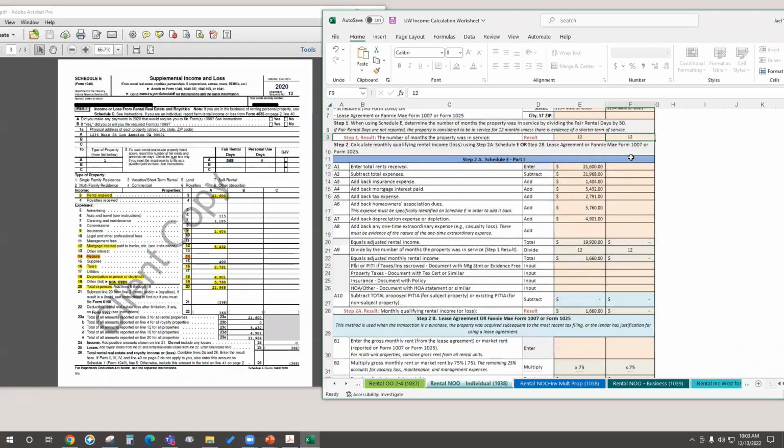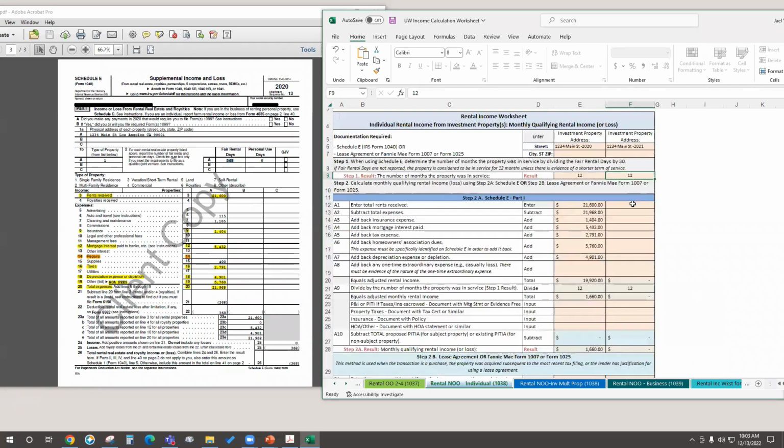But let's say 2020, when they collected a little bit less rents, I'm just going to go ahead and start making up some numbers here, or maybe the expenses were a little higher. Maybe taxes went up, mortgage interest. Let's just make up some numbers.